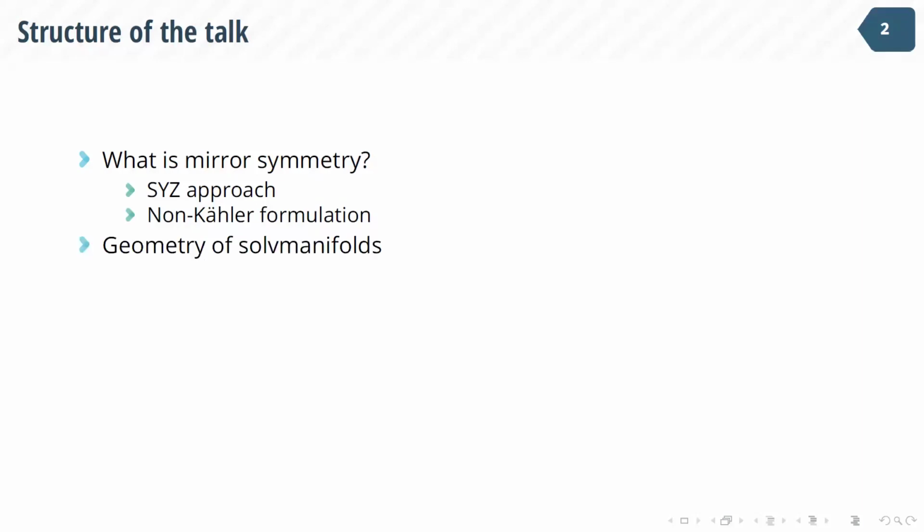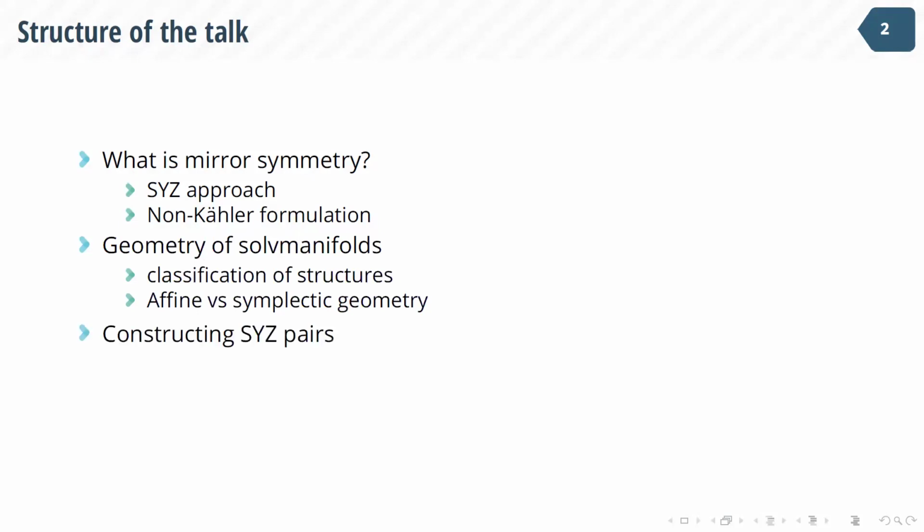Then solvmanifolds will enter the picture, and after recalling some classification results for the structures of our interest, we will combine the affine and symplectic geometry of solvmanifolds to obtain a recipe that we will use to construct several examples of pairs of solvmanifolds that satisfy this non-Kähler version of mirror symmetry. And lastly, we will discuss the results obtained and leave some remarks.